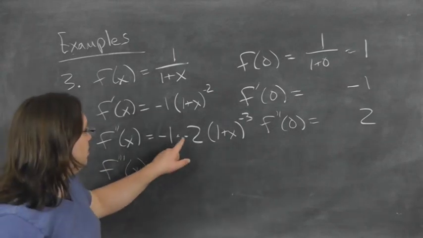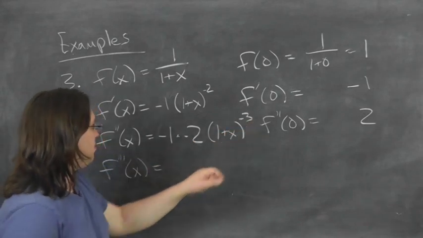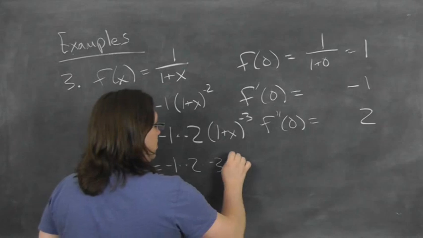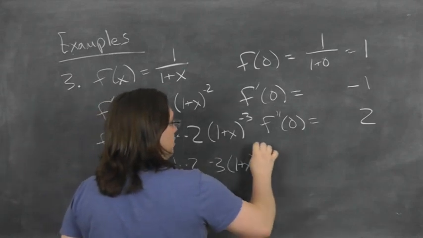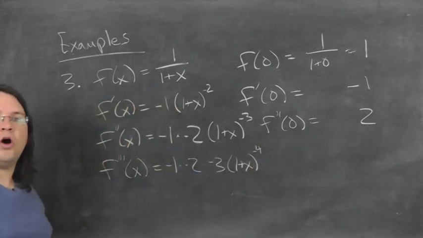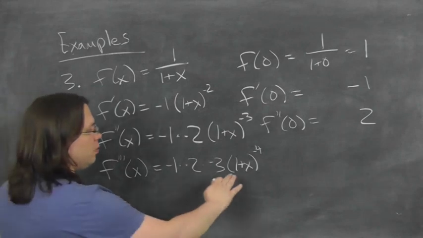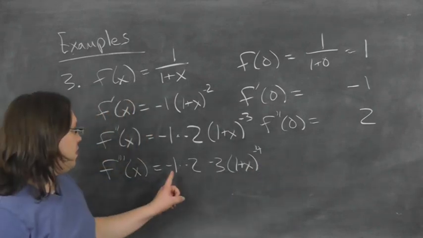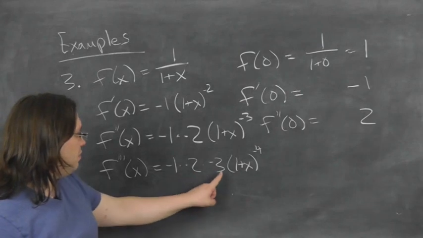And it's minus 1 times minus 2 times minus 3 times 1 plus x to the minus 4. So hopefully you can see the pattern emerging. We always get something where when we plug in 0, it becomes 1. And then we've got minus 1 times minus 2 times minus 3.